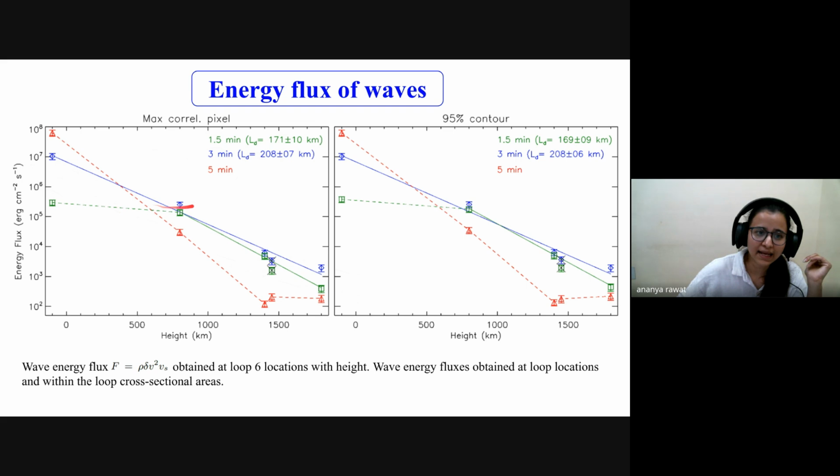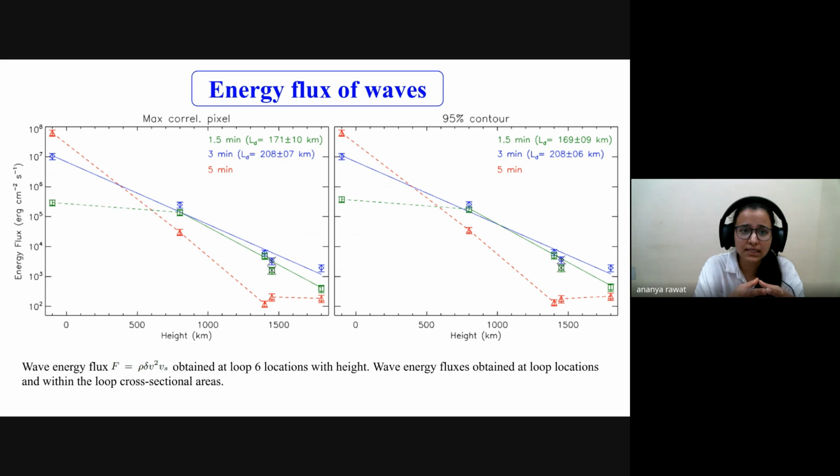So we did this analysis on the maximum correlated pixel, or the center of the contour which I showed previously, and over the whole 95% contour, and we found that the energy flux was the same. So that means the energy is equally distributed in the loop.